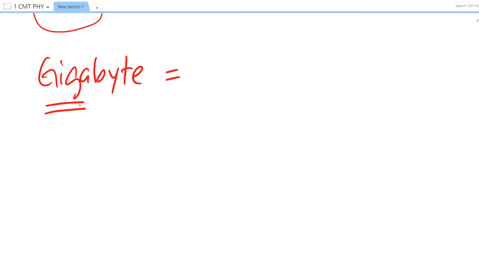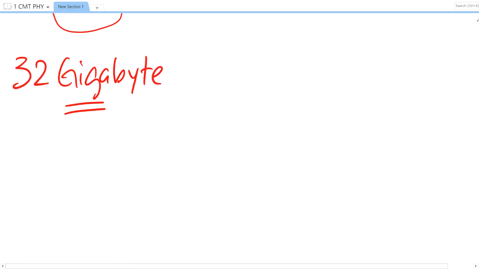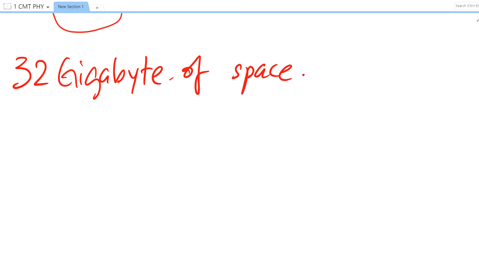Okay, storage, yes. For example, my phone over here, 32 gigabytes. Okay, I've got 32 gigabytes of space. What does that mean? Is that a lot? No, not a lot. The max is 128.